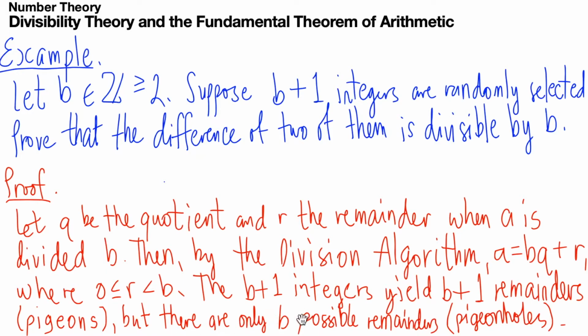But there are only b possible remainders, which we will call our pigeonholes. Therefore, by the pigeonhole principle, two remainders must be equal so that they can fit into the b possible remainders. So let us write that in an informal way.